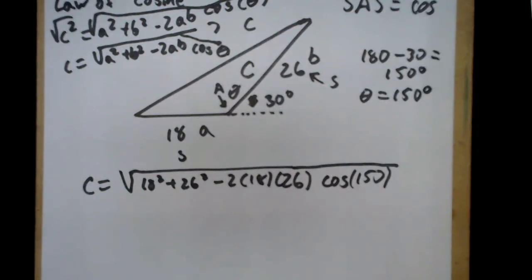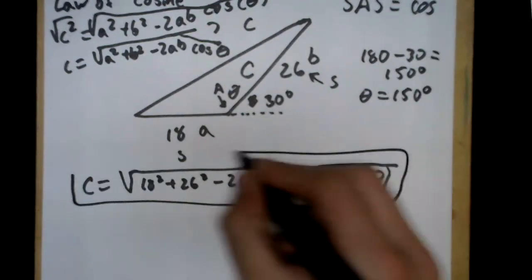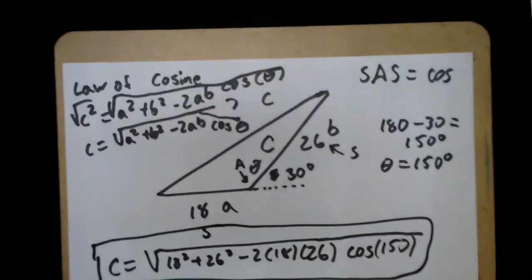Then all you have to do is find that in their answer, and this will be your answer. So that's finding angles and sides with cosines basically in a nutshell.